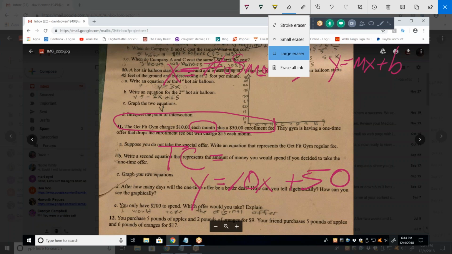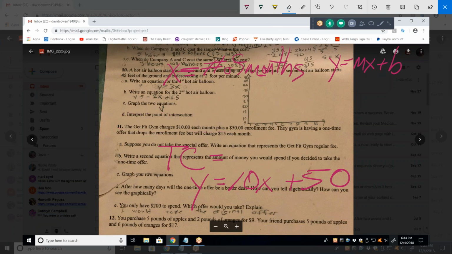Okay, so we got the equation for that first offer. Now let's look at their alternative offer. They are having a one-time offer where you get rid of the enrollment fee, but you have a charge of $15 per month.